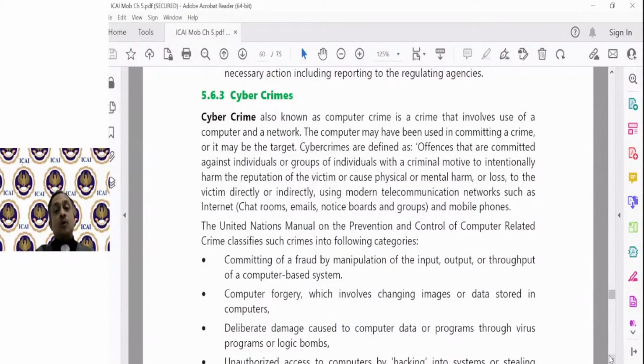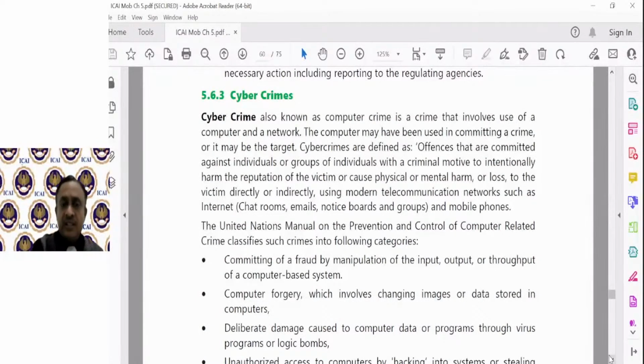Why cyber crime today is very critical, or why it is the point of discussion? Because technology is used, the value that cyber criminals are able to generate through these crimes has gone phenomenally high. Billions of dollars every year are being lost due to cybercrime. That is why it has become very, very important.